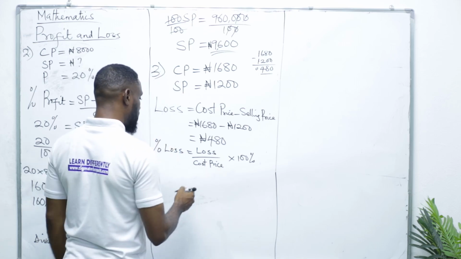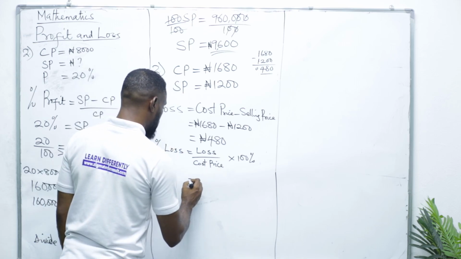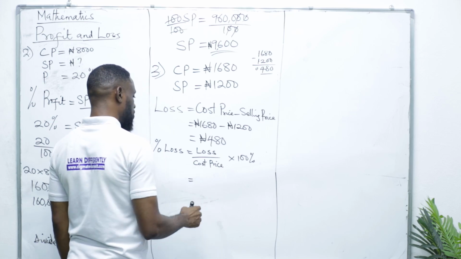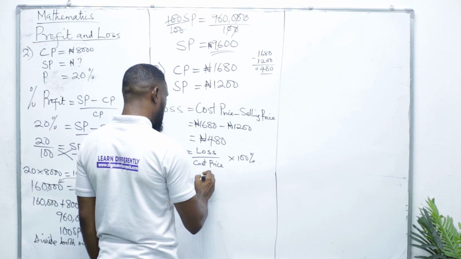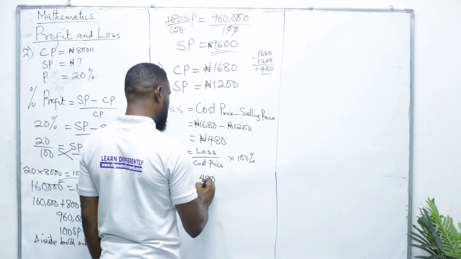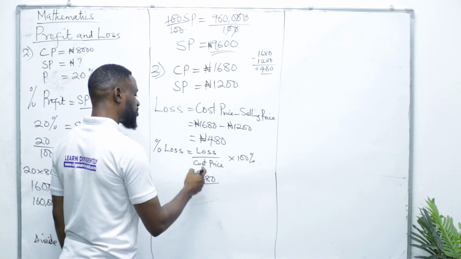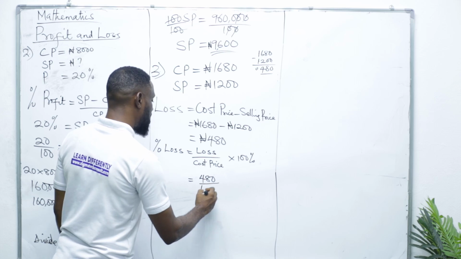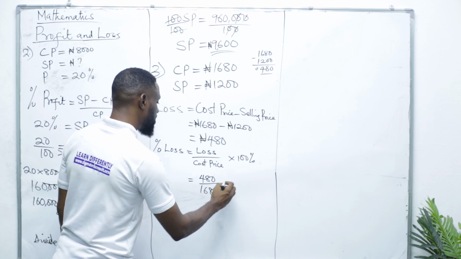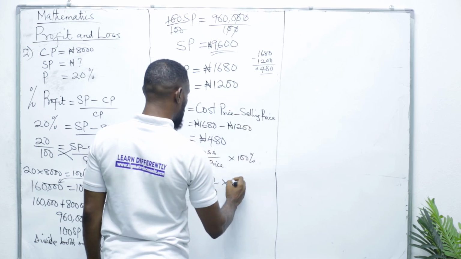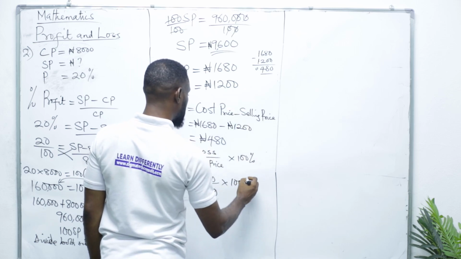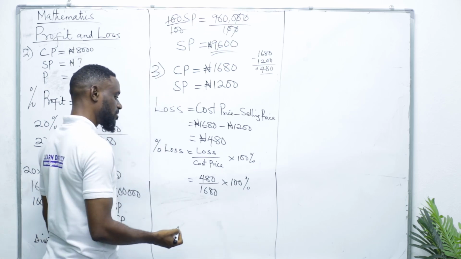So what that will now mean is our loss here is 480 divided by cost price, 1,680, times what again? Times 100%. Is that correct? All right.